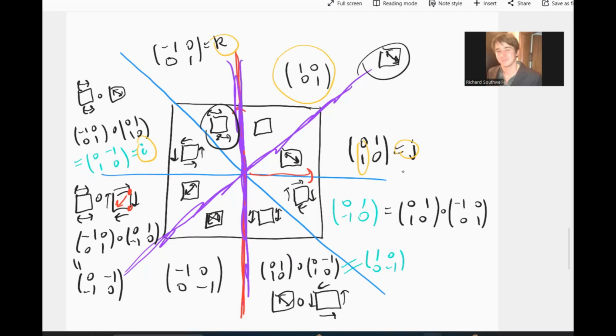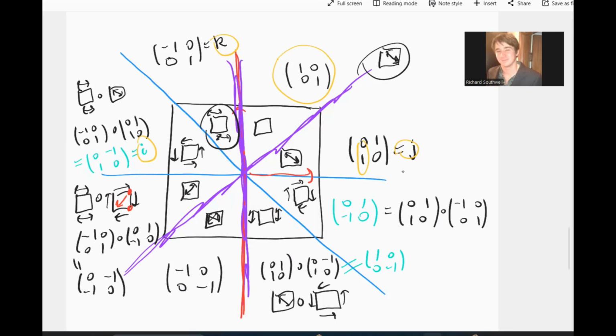So the point here is that what we have is the 8 different symmetries of the square, and each of them now comes with this sort of matrix which applies the appropriate symmetry of the square.